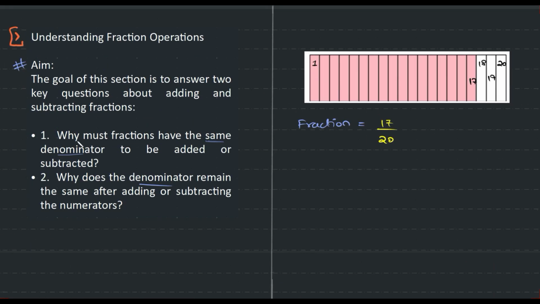Did we answer both questions? Why must fractions have the same denominator to be added or subtracted? Yes, we answered this. Why does the denominator remain the same after adding or subtracting the numerators? It goes back to the point you made at the start. This fraction represents 17 by 20. It doesn't matter how many parts we are selecting, the number of divisions is not changing.